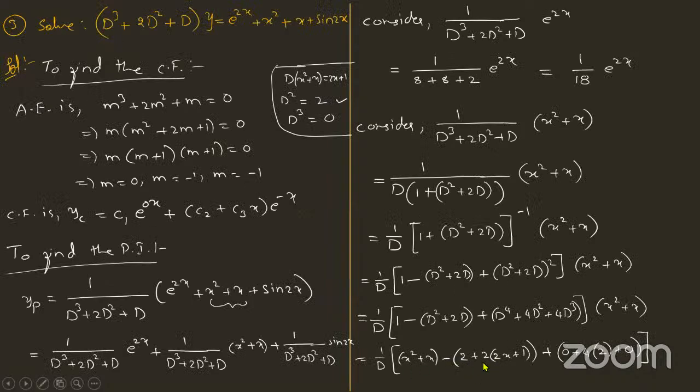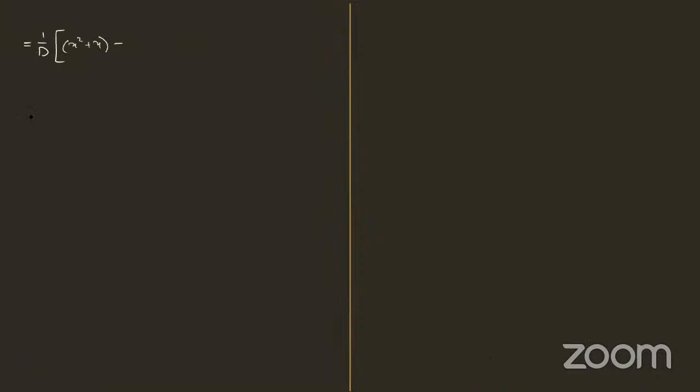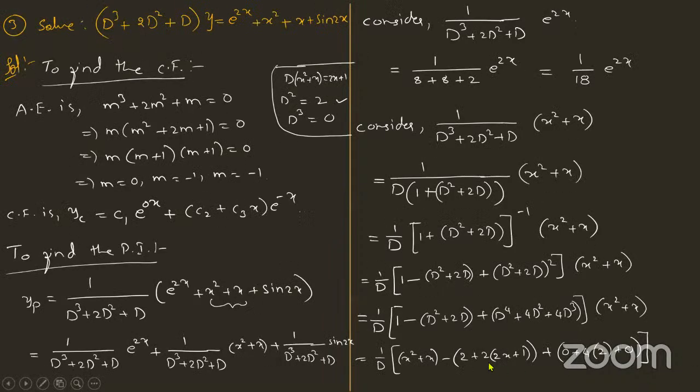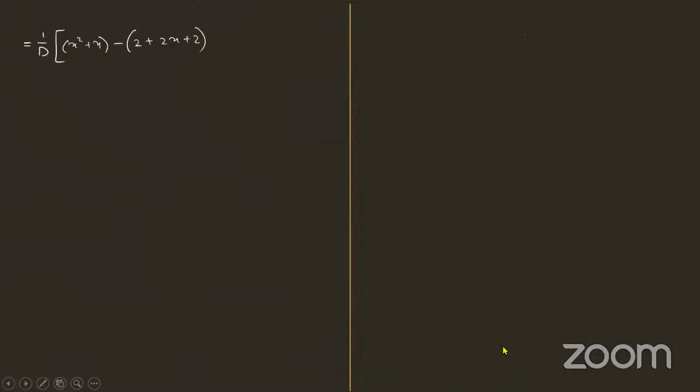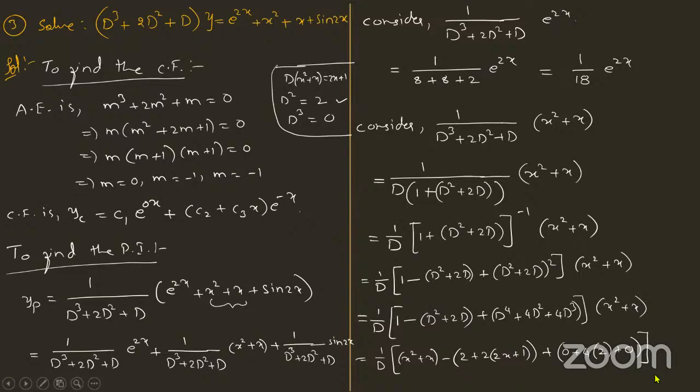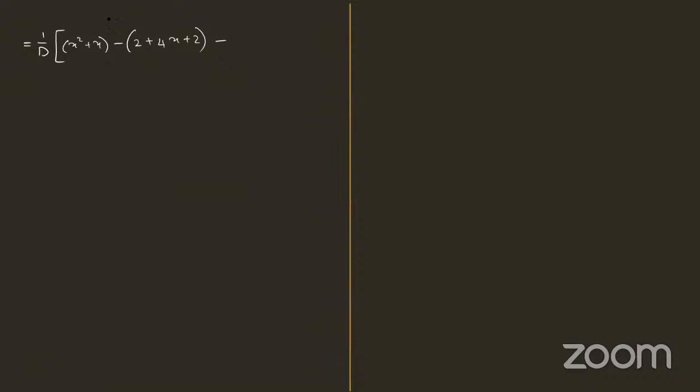I'm just splitting this into 2 different terms. 2 plus 2x plus 2. Look at it carefully. We have minus of 2 plus 2 into 2x plus 1. So we have a 4x here. 4x plus 2. Then see the last term. It is only a8. The remaining 2 are zeros. So it is just a8 plus a8.